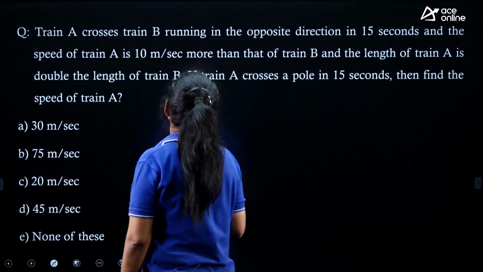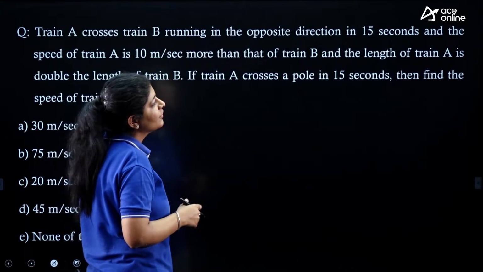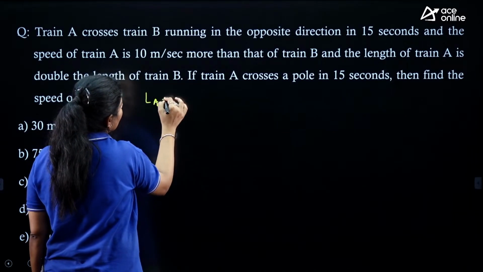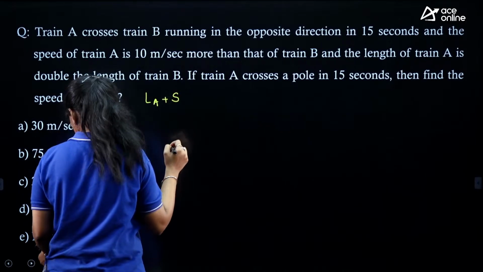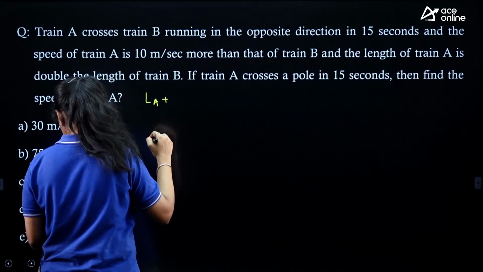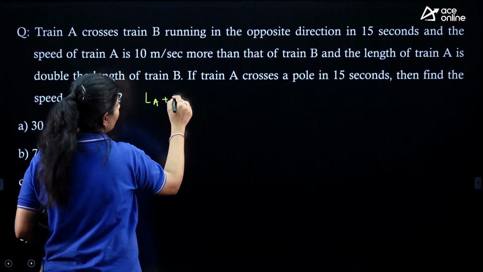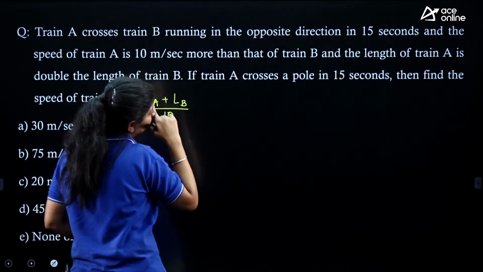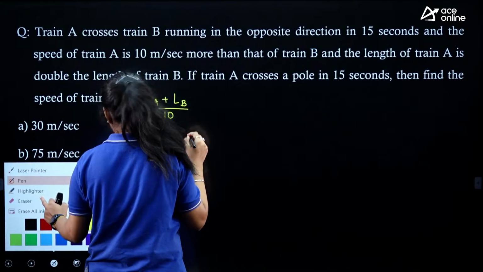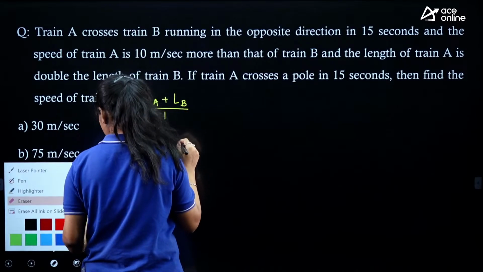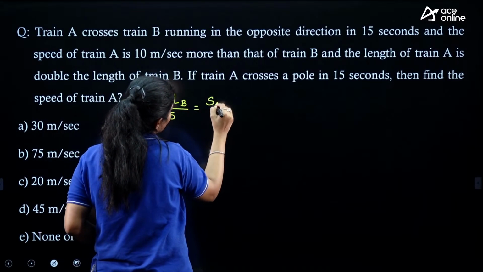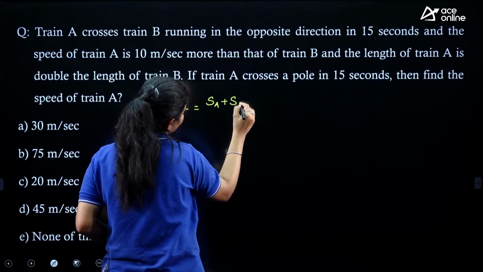Train A crosses train B running in opposite direction in 15 seconds. Okay, so we can say that length of train A plus length of train B, divided by 15 seconds, not 10, is nothing but equal to speed of train A plus speed of train B, right?